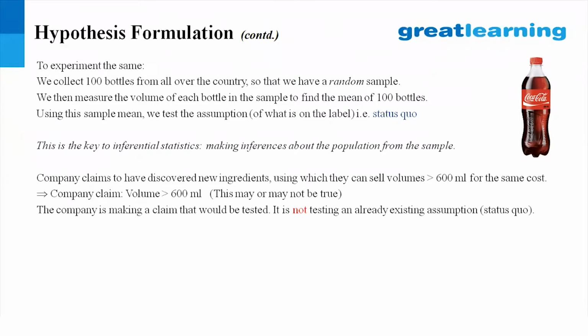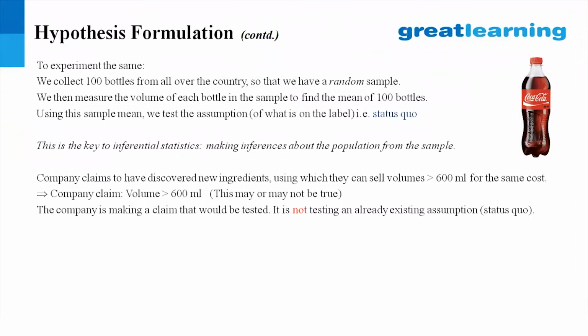Okay, now we see two things here. For a particular instance, let's say the company says that they have discovered some new ingredients. So say the Coca-Cola bottle has a couple of ingredients put in together, and the company claims that they have discovered some new ingredients that they can replace the old ingredients with.